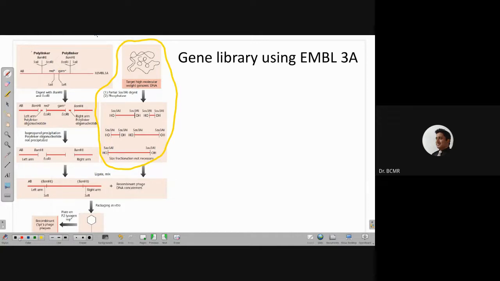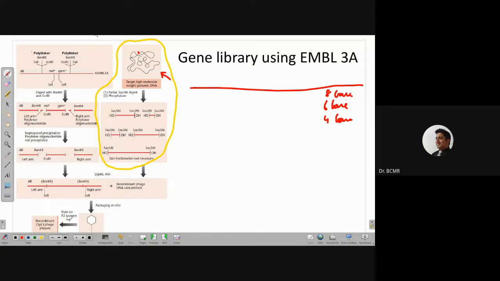The objective here is, we have a DNA genome and we are supposed to make a gene library. Assume that it may have genes A, B, C, D, and several thousands of genes actually. The genome is very large. Should I use a 6-base cutter or 4-base cutter or 8-base cutter?